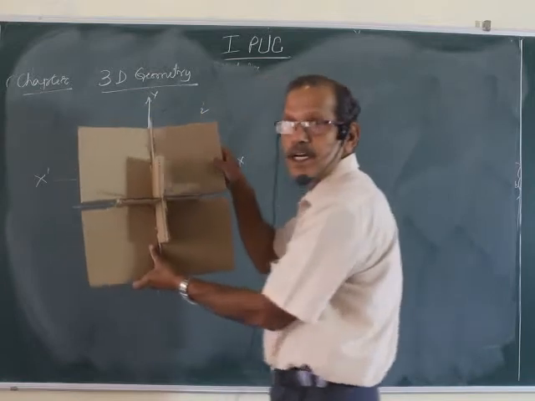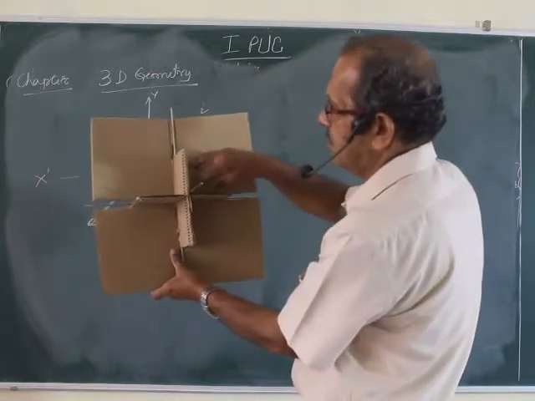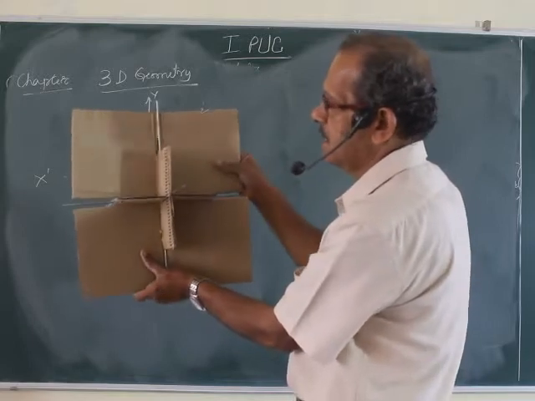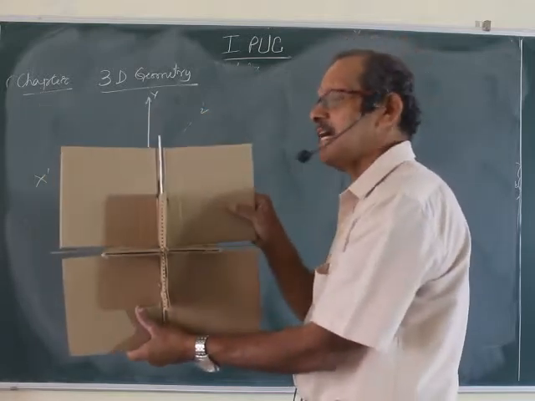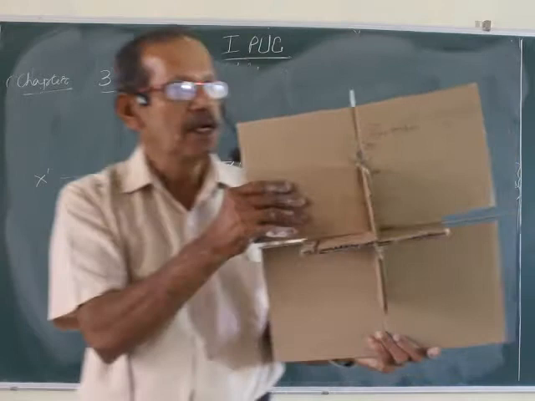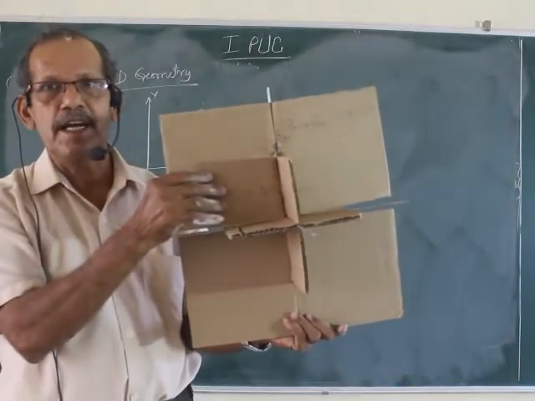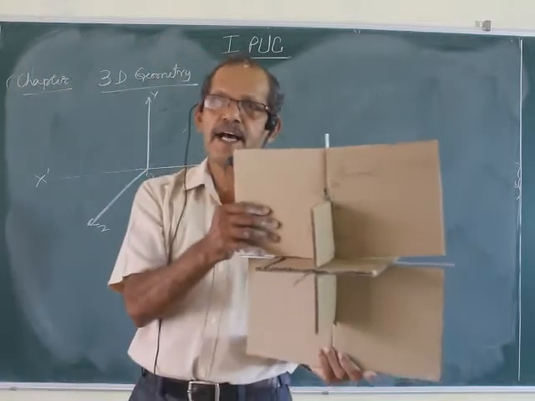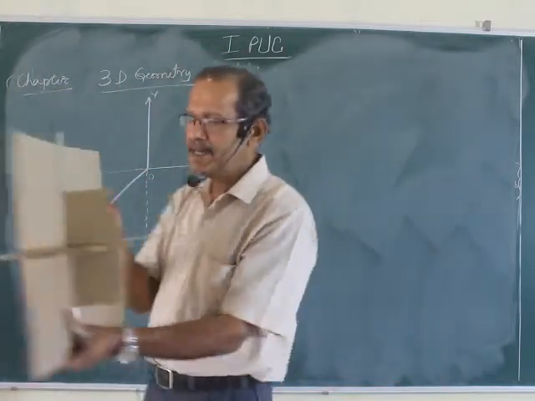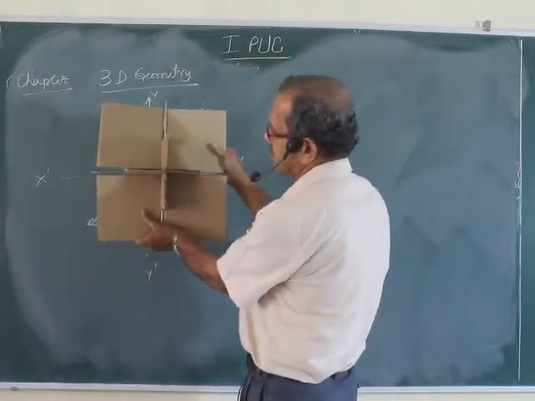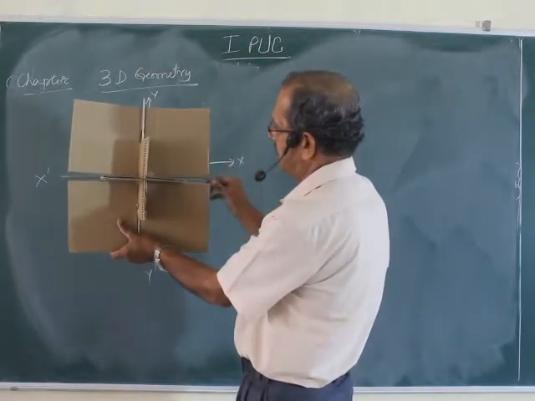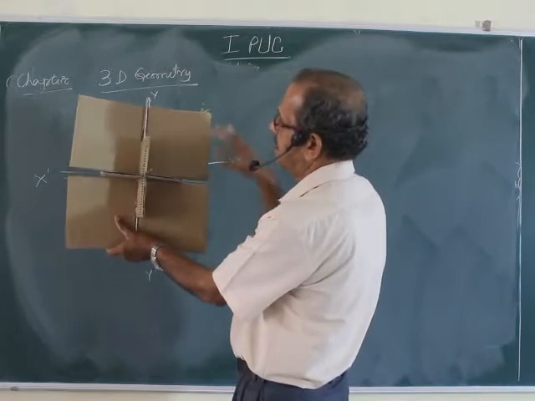Can you observe this? First quadrant, second quadrant, third quadrant, fourth quadrant. Similar to this 4 quadrants, on the back side, 4 more quadrants, see. Totally there are 8 quadrants. 8 quadrants, they are called as octants. 8 octants. This is the first quadrant. X-axis is here, see, X-axis.